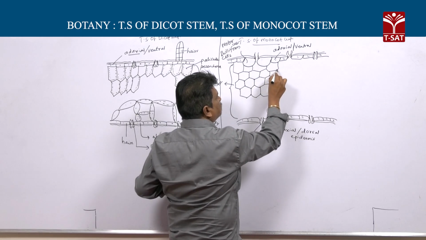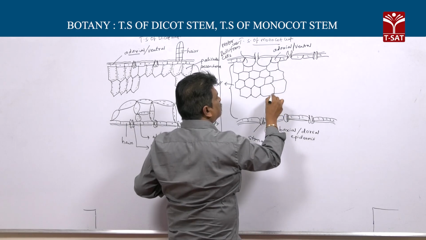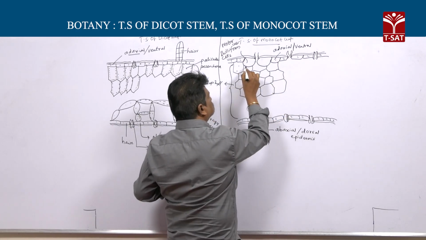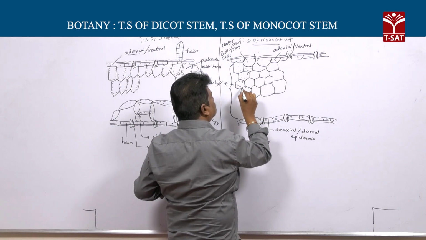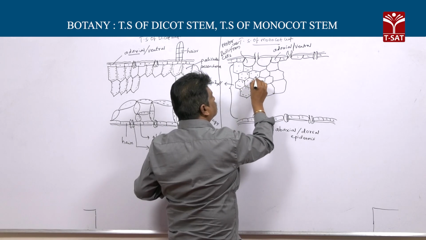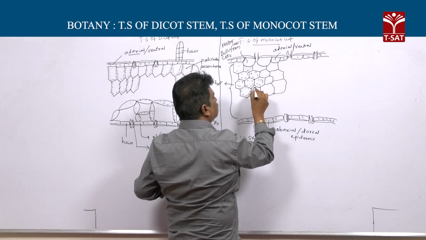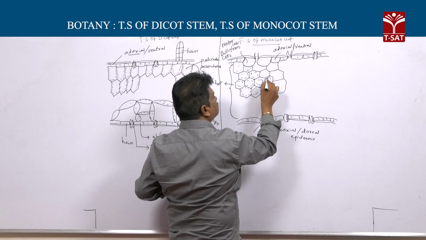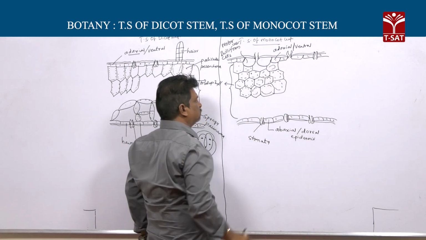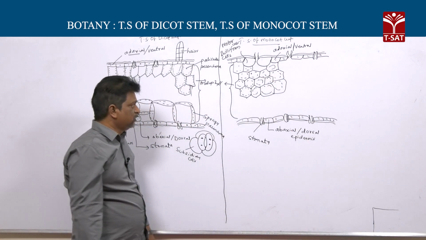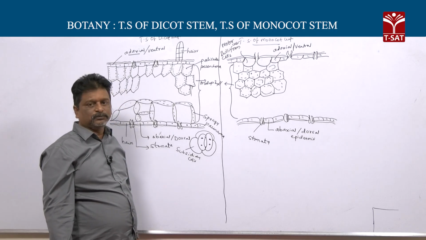It means mesophyll is undifferentiated. Complete mesophyll is made up of columnar or cylindrical cells, and all mesophyll cells contain the same number of chloroplasts.